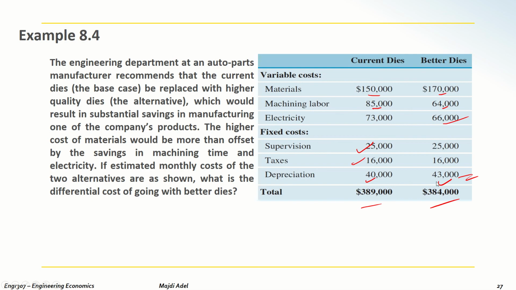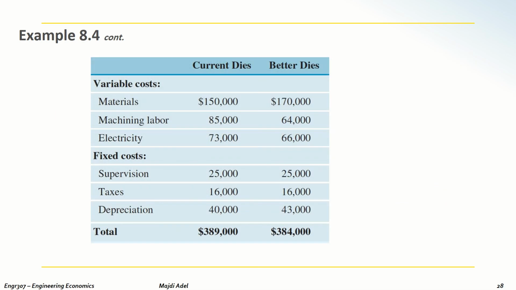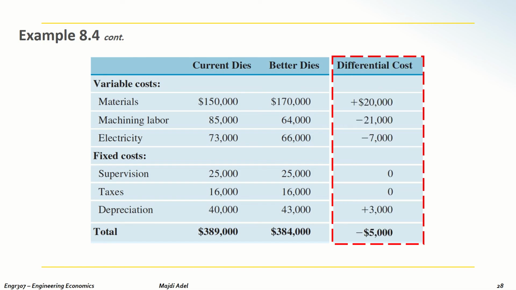So now for making the decision, I'm interested in the difference between the two alternatives. I'm not interested in anything that remains constant. And how do we calculate the difference? The alternative minus the base case.